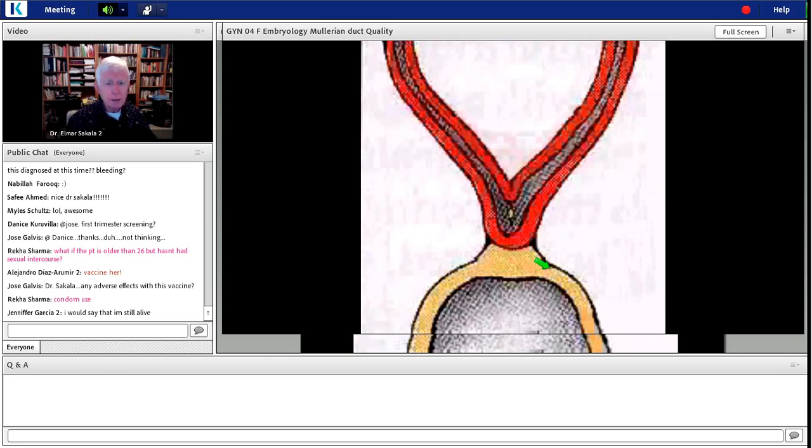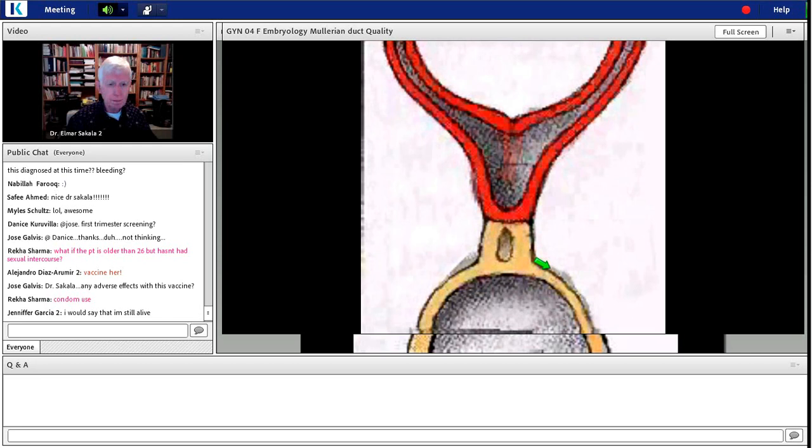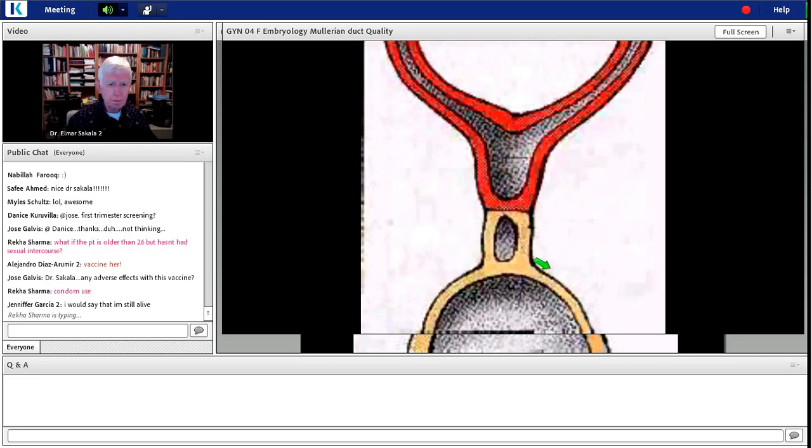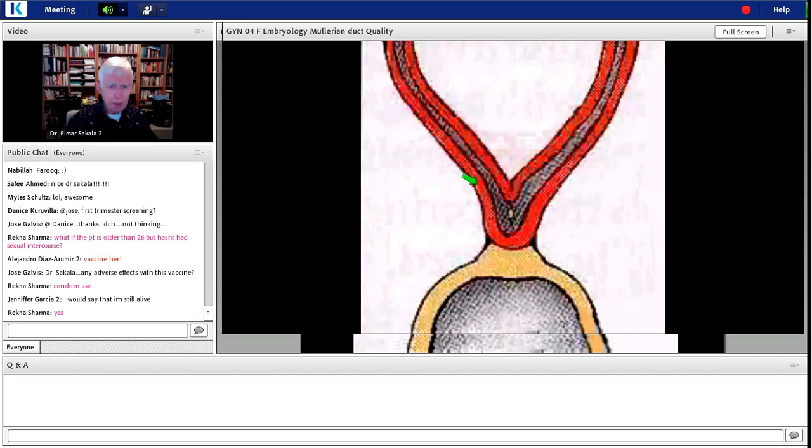Can you see we're getting fusion of the ducts? And here we have the septum. The next thing that's going to happen is the septum is going to disappear. And you can see we have no septum now.